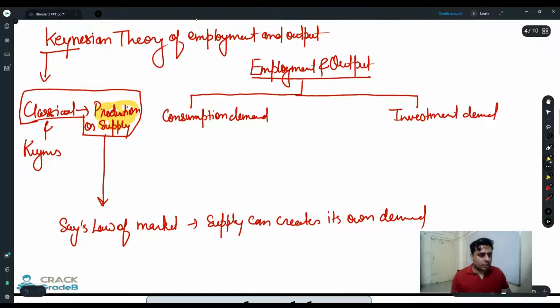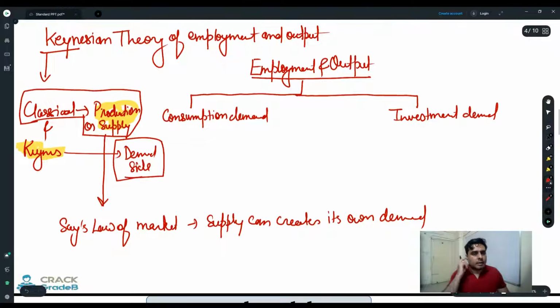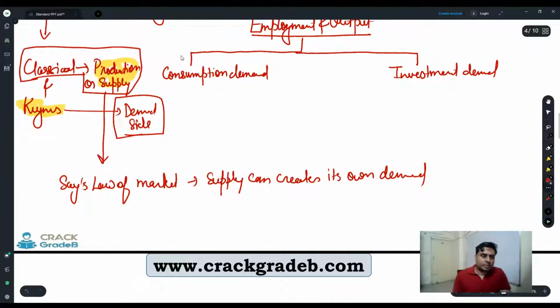Whereas Keynesian theory is more focused on the demand side, right? When Keynes was explaining the demand side, for him demand is not just what we want to consume.